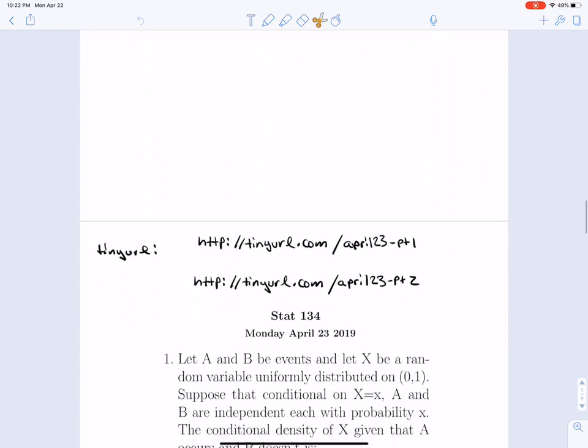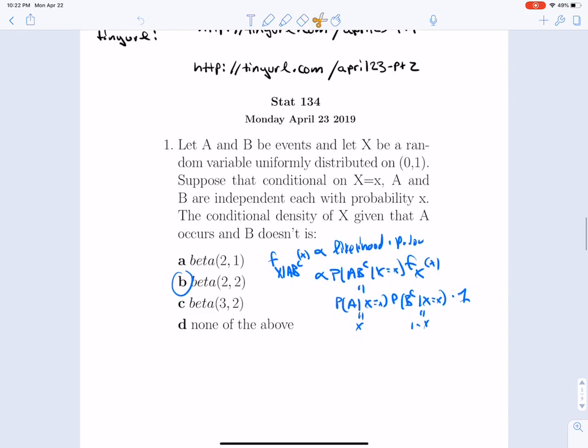So we did a concept test here. Let A and B be events and let X be a random variable uniformly distributed on 0, 1.